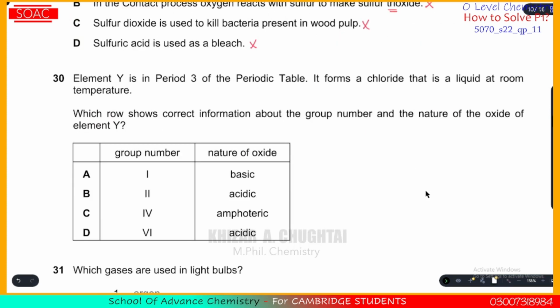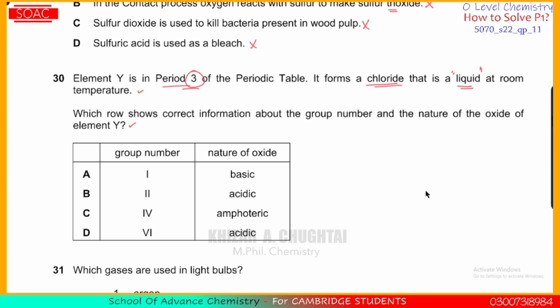Question number 30. Element Y in period 3 of the periodic table forms a chloride that is liquid at room temperature. Which row shows the correct information about the group number and the nature of the oxide of element Y? The main clue is that the chloride is a liquid at room temperature, and Y belongs to period 3 and makes a chloride.